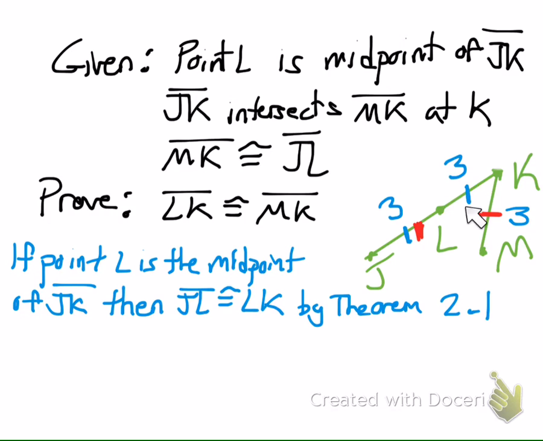So how can I prove, what justification can I give that LK is congruent to MK? Let's think about this. What's the reasoning? I said the first and the second thing are congruent. The first and the third thing are congruent. So how can I prove the second and the third thing are congruent?